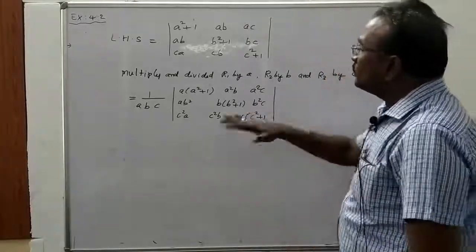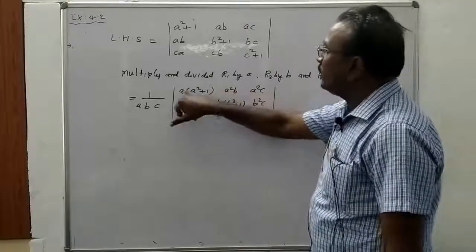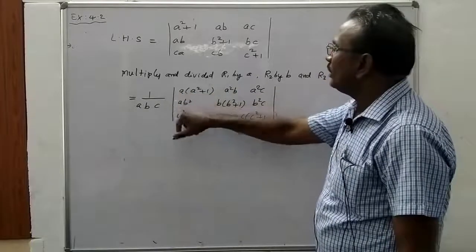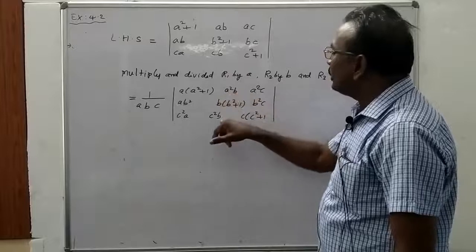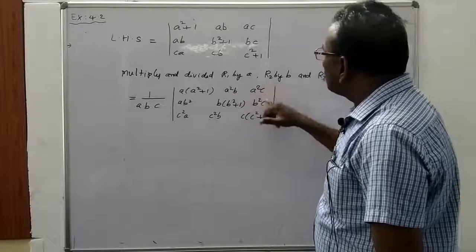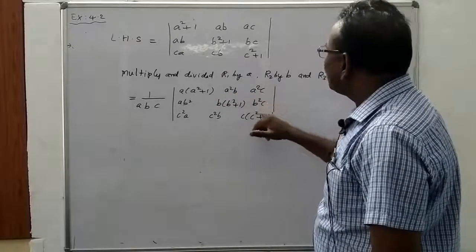Now observe the first column, a is common. Observe the second column, b is common. Observe the third column, c is common.